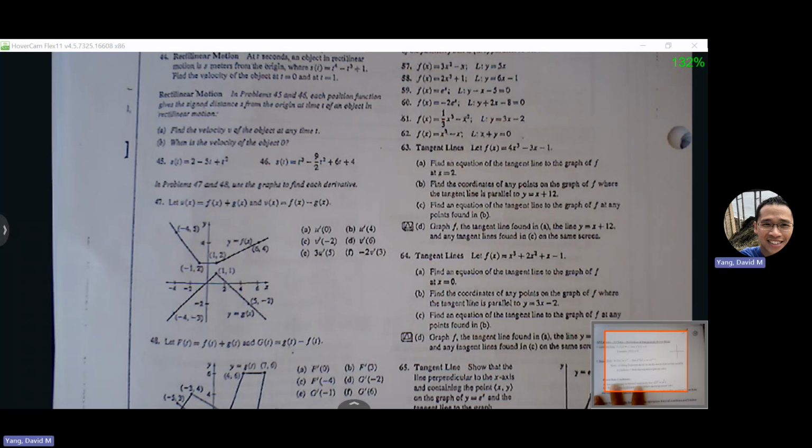Number one, finding the derivative, you got 2x. How did you get this? Going through the power rule or the definition?